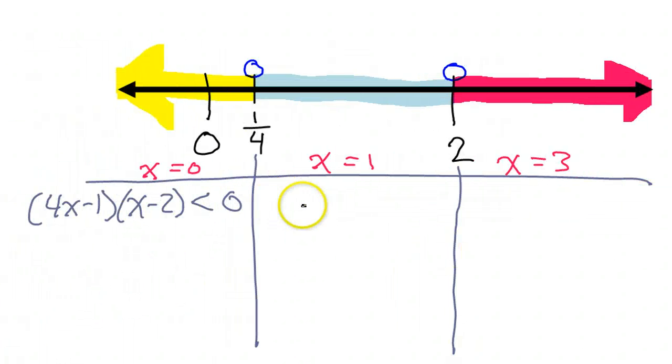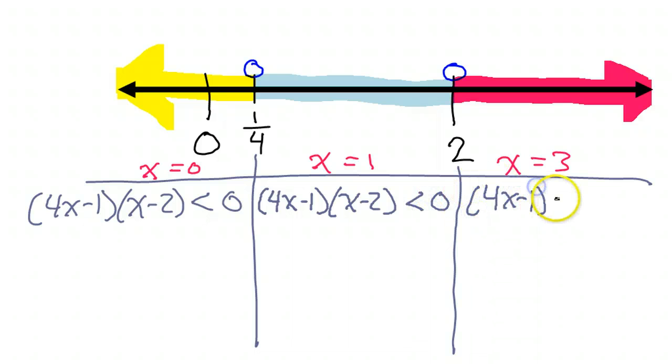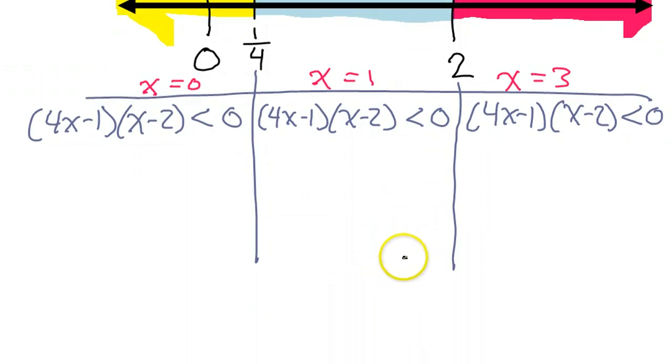I'm going to put that in all 3 spaces: 4x minus 1 times x minus 2 is less than 0. Now I'm going to substitute in my test values and see which zones make true statements, which zones have the solutions.